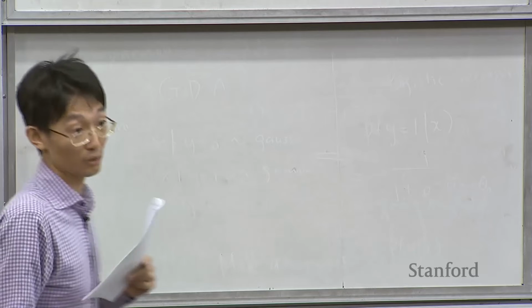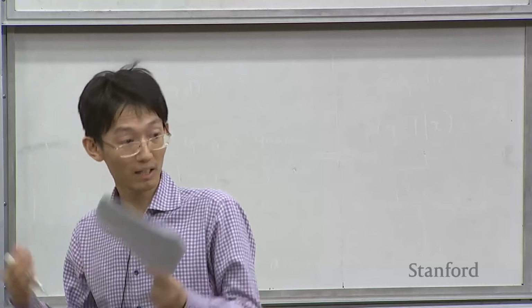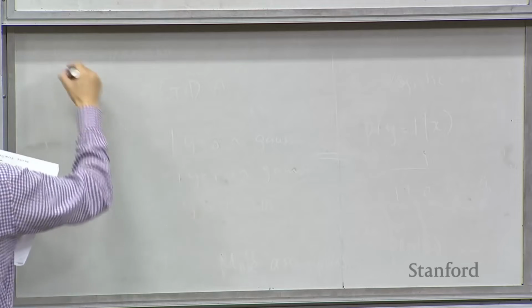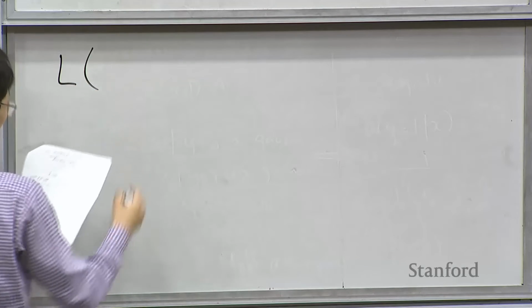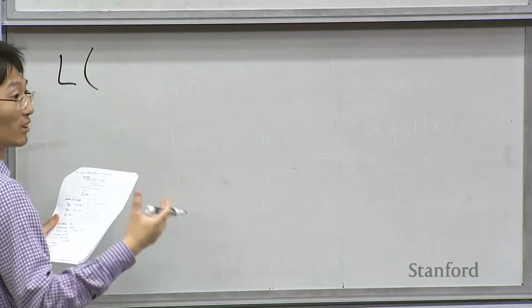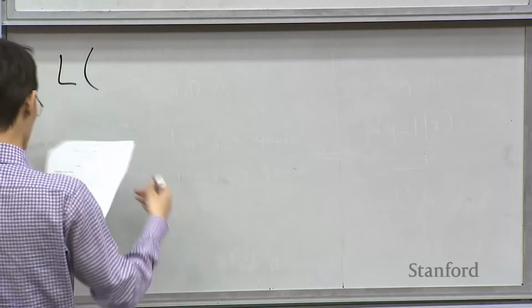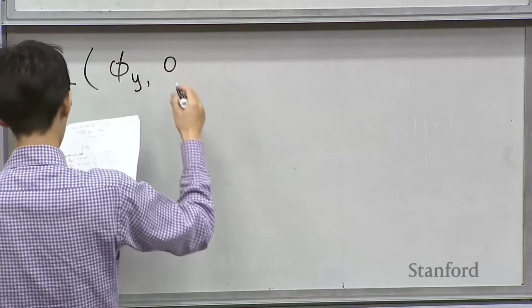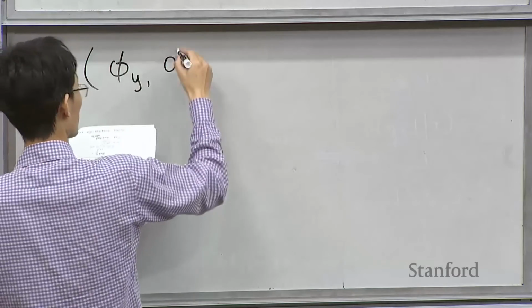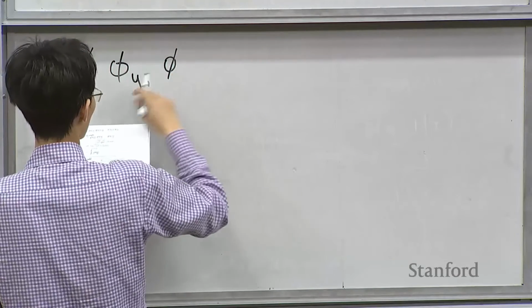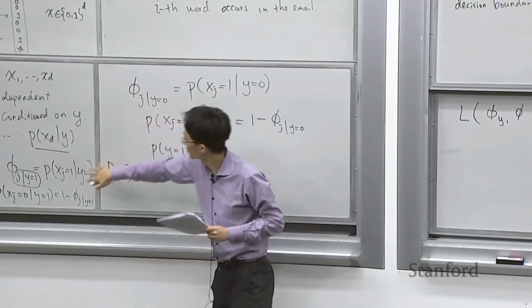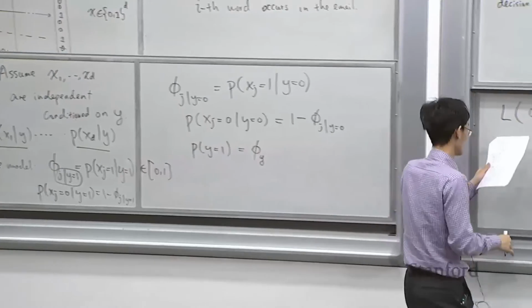And then how do I proceed? I'm going to write the likelihood and maximize the likelihood. The likelihood is the probability of seeing the data given your parameters, so the likelihood is a function of the parameters. So what are the parameters? phi y is one of the parameters, and also all of these phis, phi j given y is 0 and phi j given y is 1.